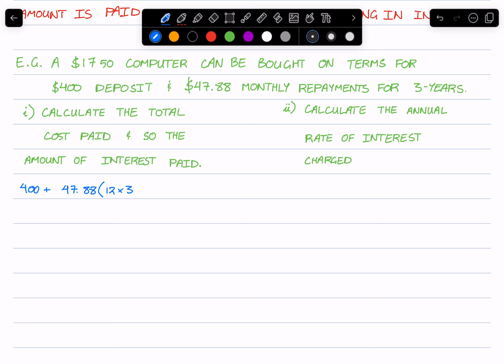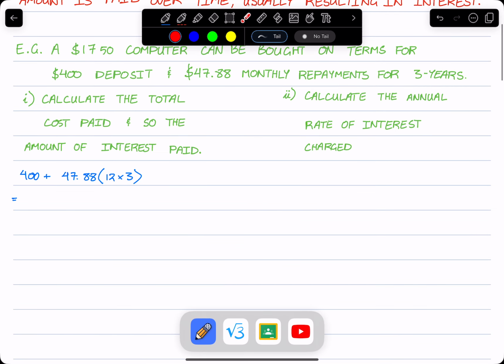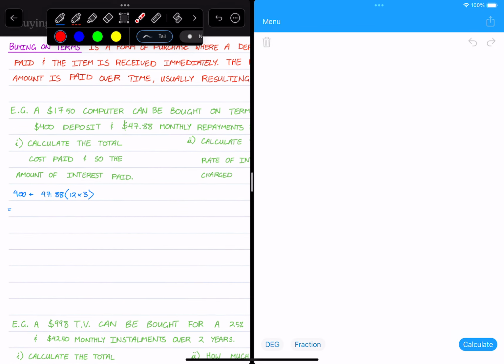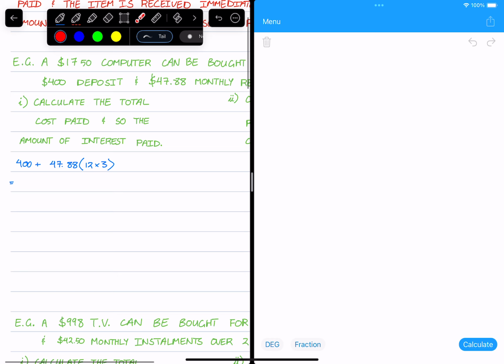This is simply the total amount that we are going to be paying. So it's going to be $400 plus $47.88 times 12 times 3, which is just 36 months.